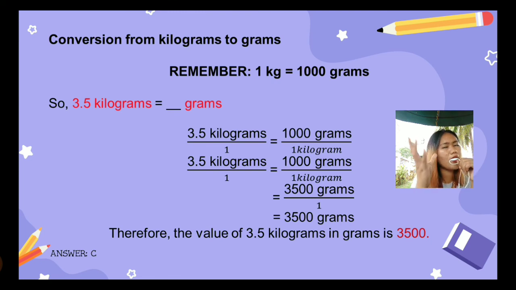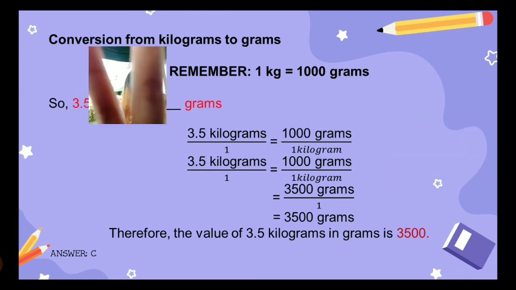To get this, we put 3.5 kilograms over 1, times 1,000 grams over 1 kilogram. The kilograms cancel out. So therefore we have 3,500 grams. So the value of 3.5 kilograms in grams is 3,500.